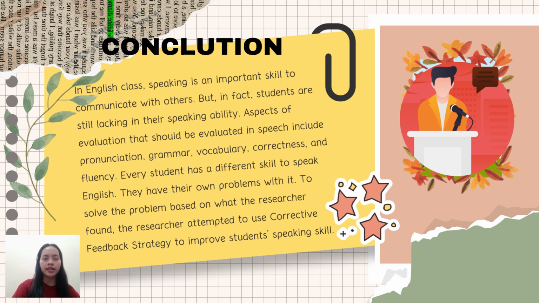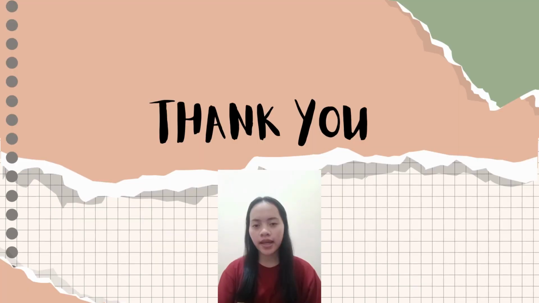Every student has a different skill to speak English and have their own problem. So to solve the problem based on what the researcher found, the researcher attempted to use corrective feedback strategies to improve students' speaking skills.